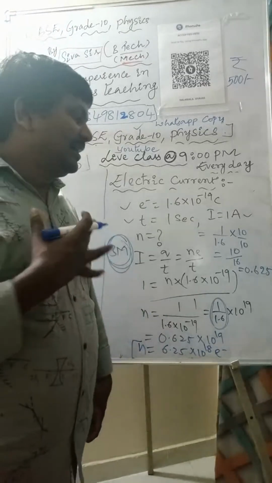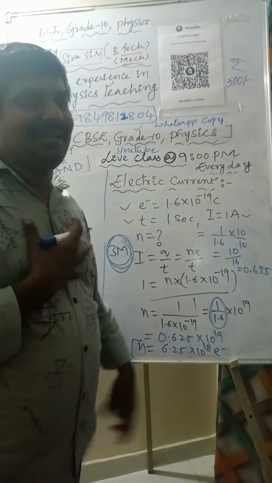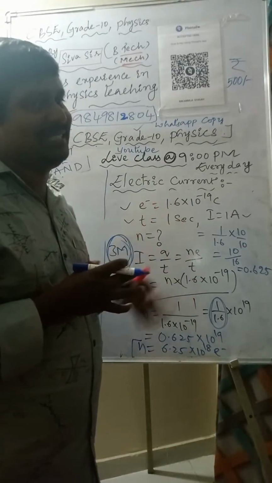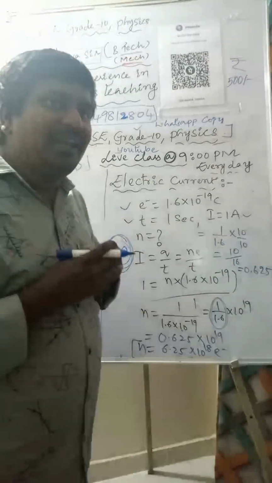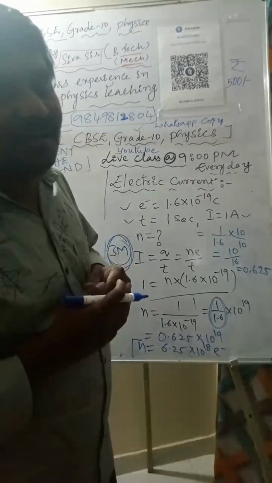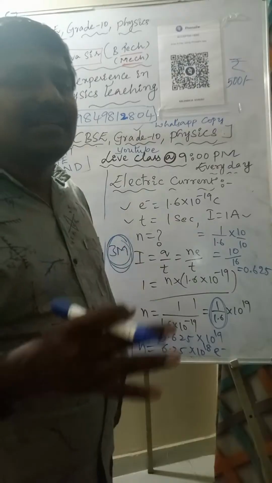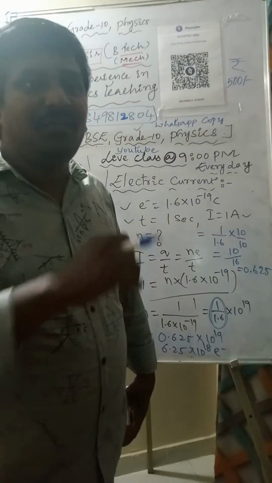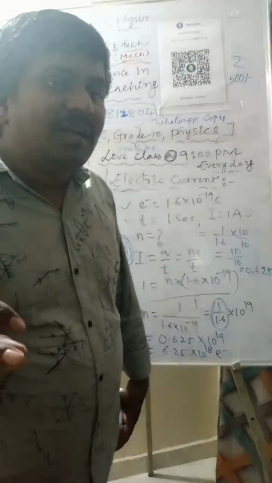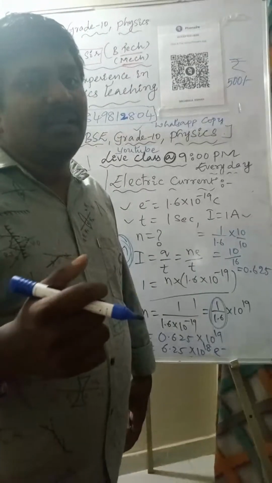Actually, I will dedicate my time completely to physics. So if you have any doubts in physics, three or four chapters: light reflection and diffraction, human eye and colourful world, electricity, magnetic effects of electric current, if you have any doubts, yes sir, it is Anhad. Very good, Anhad.